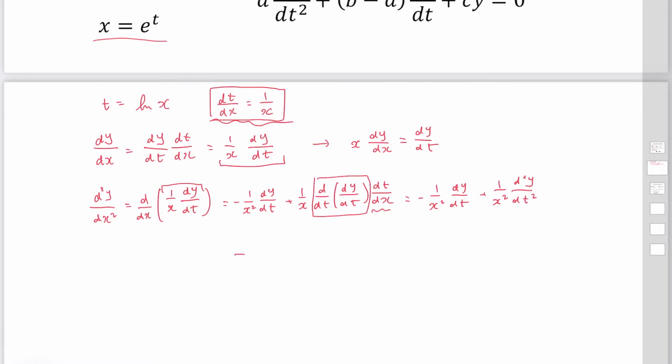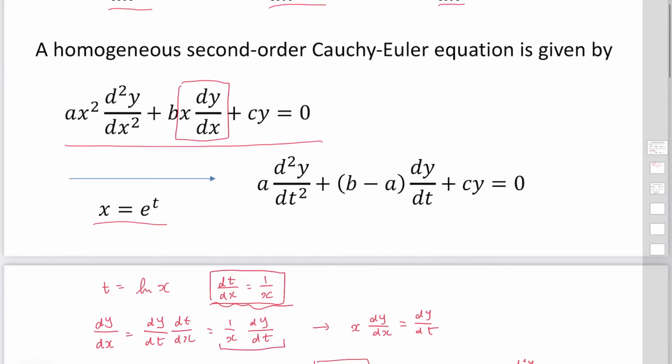So from these equations, you can express x squared times the second derivative of y with respect to x as the second derivative with respect to t minus dy/dt, by this relation. This corresponds to the first term.